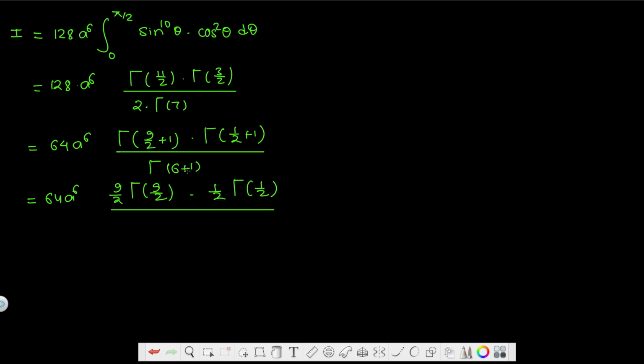So gamma n plus 1 is n factorial. So 6 factorial will be 720, equals to 64 over 720 a to the power 6, gamma 9 over 2. So 9 over 2 is the same as 7 over 2 plus 1, 1 over 2, and gamma 1 over 2 is square root of pi.